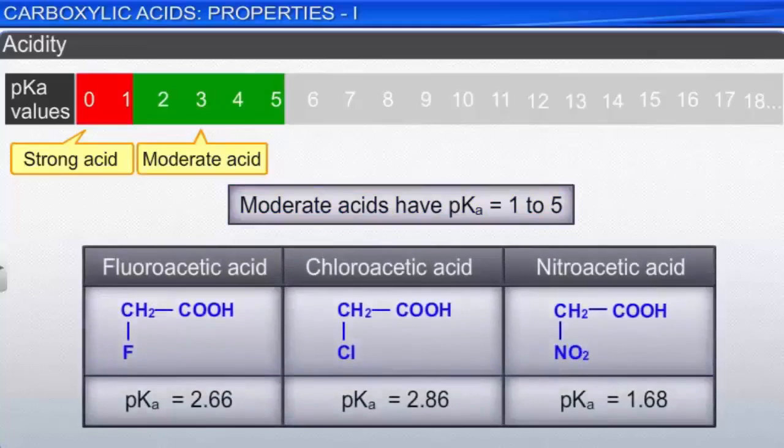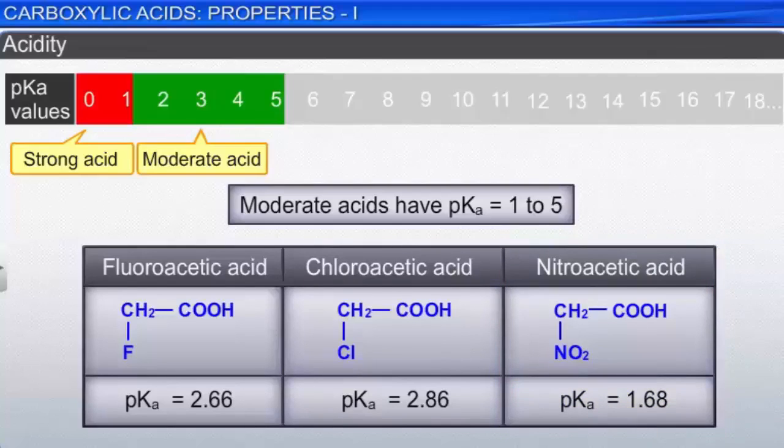For example, fluoroacetic acid with a pKa value of 2.66, chloroacetic acid with a pKa value of 2.86, and nitroacetic acid with pKa value of 1.68 are moderately acidic acids.